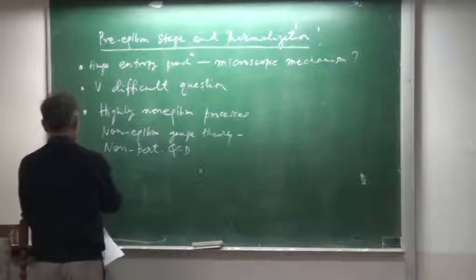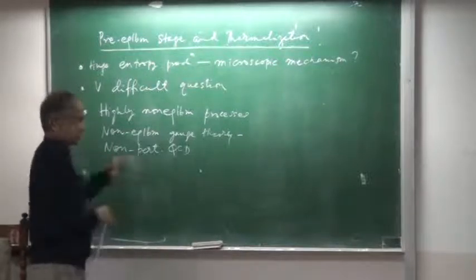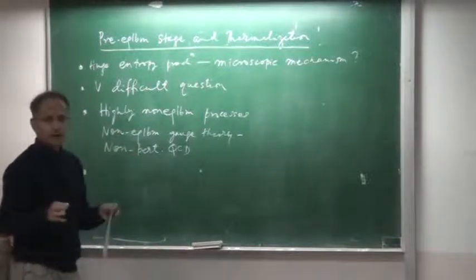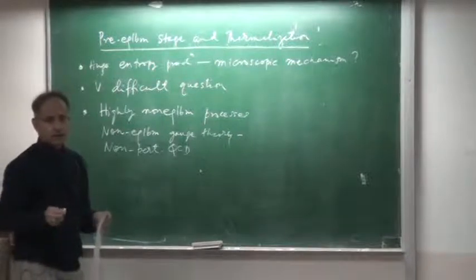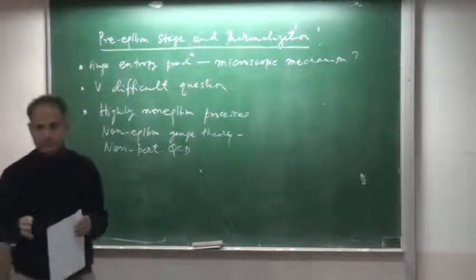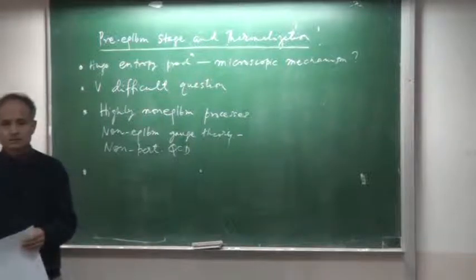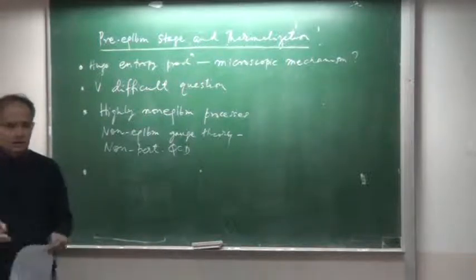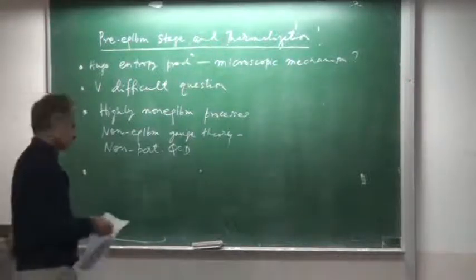So people make models because of this difficulty. There are two classes of models. Some are based on perturbative QCD and others are based on non-perturbative QCD, or in other words, incoherent and coherent models.